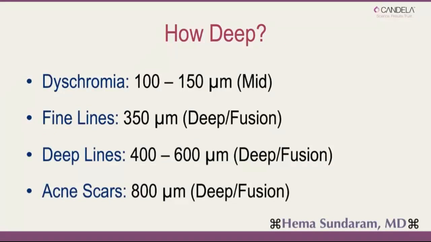But for dyschromia, the brown pigmentation or redness, we can use a mid mode. For fine lines, we can use a deep or fusion. For even deeper lines, such as the barcode around the mouth, we can use either the deep or fusion mode. And then we have a very nice option to treat acne scars as well, again with deep or fusion.